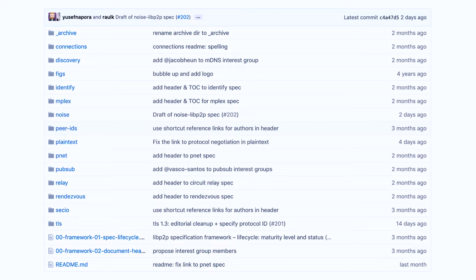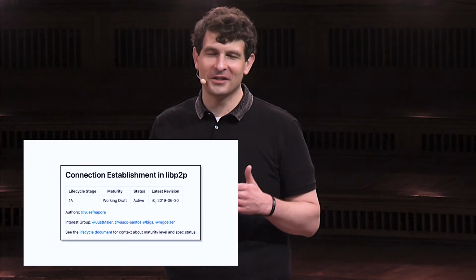Not only did we add more verbiage about the libp2p specification, we also put together a life cycle process. My partner in crime, Raul, who is probably somewhere here, put together a 2-axis system for designating the maturity of a specification, and whether it's safe to use.